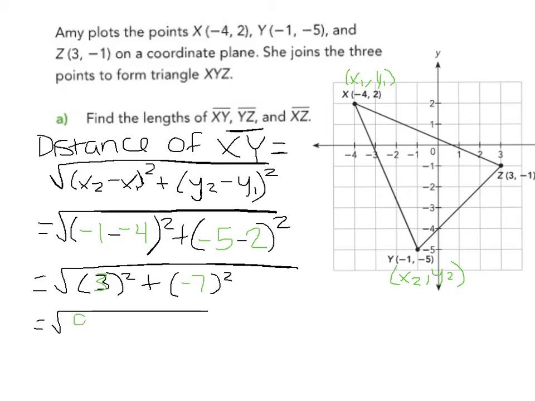Three squared equals 9, and -7 squared equals 49. 9 plus 49 equals the square root of 58. And I'm going to leave it as the square root of 58 because it is more precise than giving an approximate value. Now let's take a look at YZ.